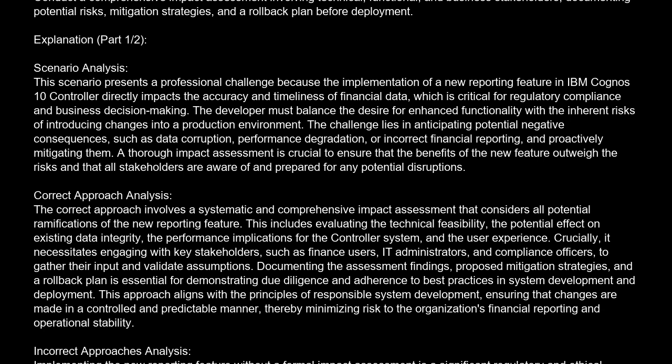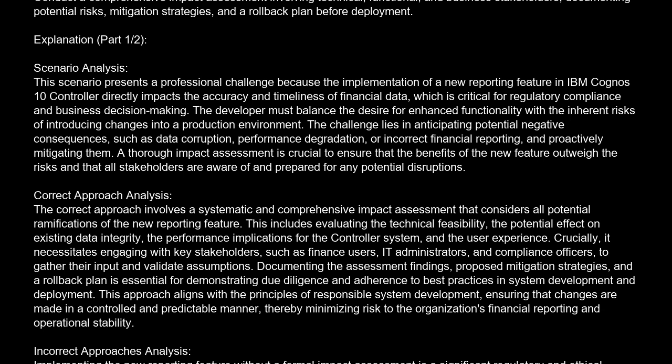The challenge lies in anticipating potential negative consequences, such as data corruption, performance degradation, or incorrect financial reporting, and proactively mitigating them. A thorough impact assessment is crucial to ensure that the benefits of the new feature outweigh the risks and that all stakeholders are aware of and prepared for any potential disruptions. Correct approach analysis.